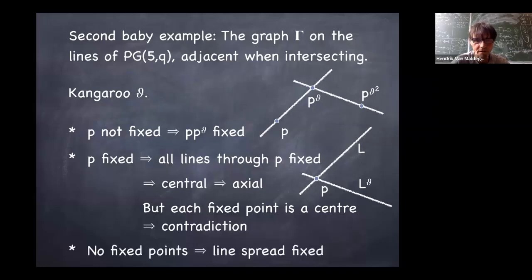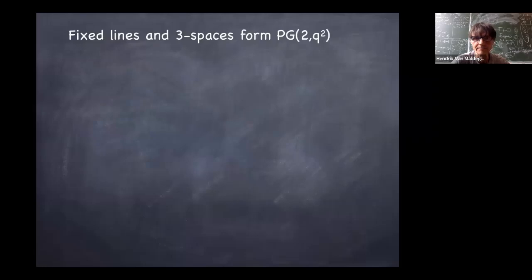So what you do is you have no fixed point, but every point is on a fixed line. So all these lines form a line spread. So you fix a line spread. And if you take the fixed lines and the fixed three-spaces, then they form a projective geometry, a plane, but of order q squared.